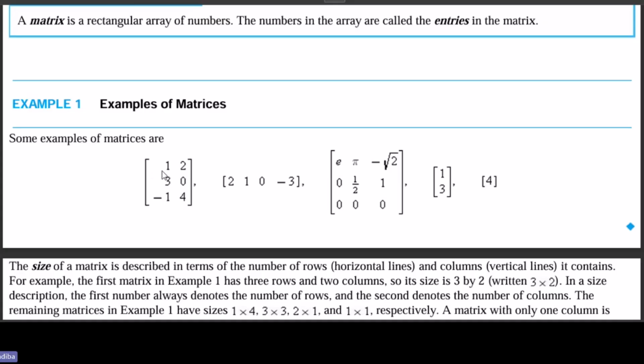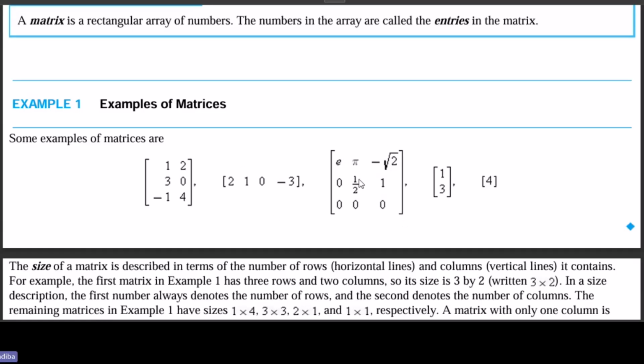It has got 3 rows and 2 columns. That is why we are saying it's a 3 by 2 matrix. This one is a 1 by 4 matrix. 1 row, 4 columns.